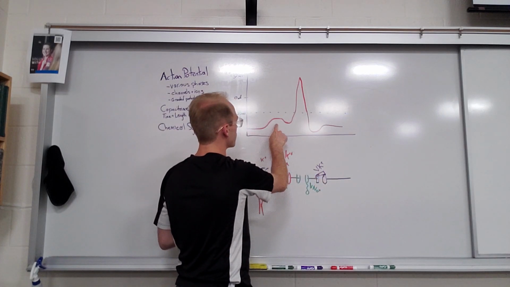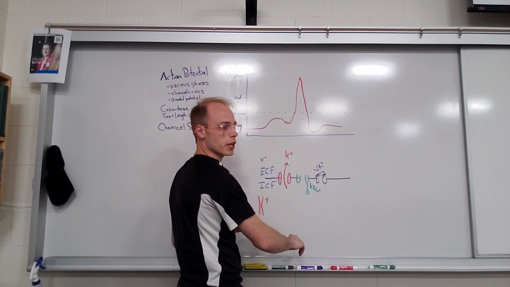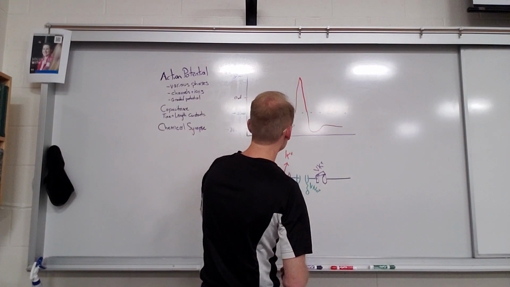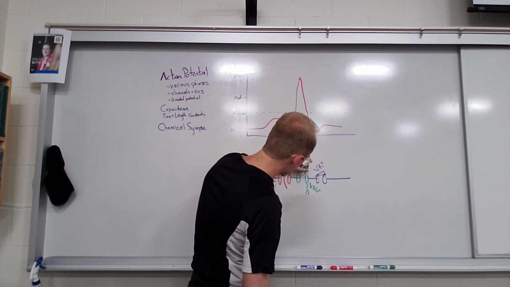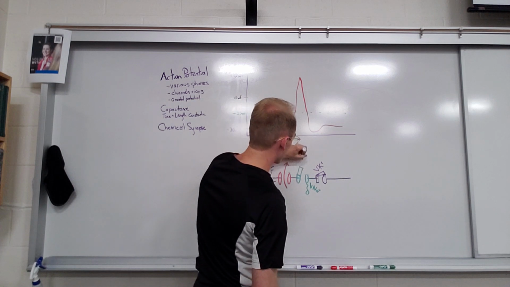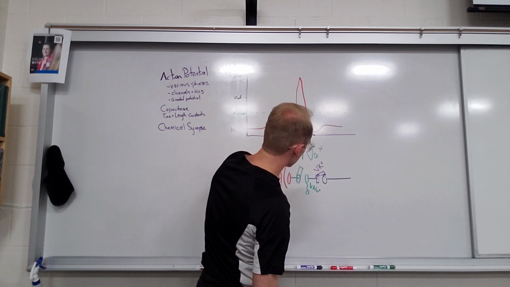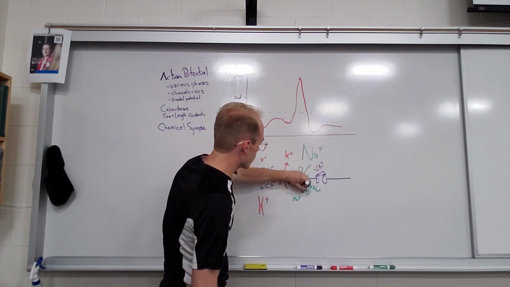During this entire time, the only thing that is open is this potassium leak channel. But once the cell hits threshold, this activation gate opens, and sodium, which has a really high concentration outside and itty bitty inside, will immediately rush in.